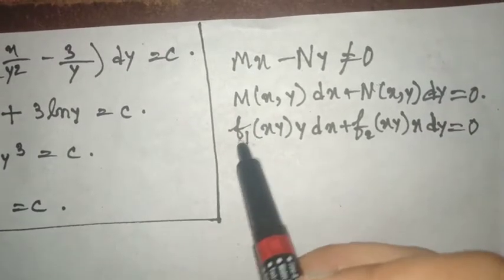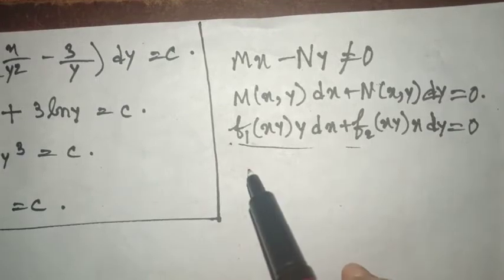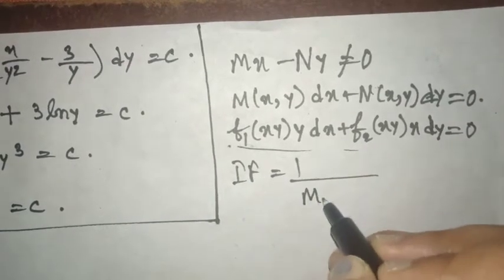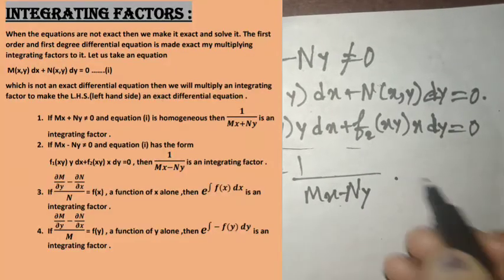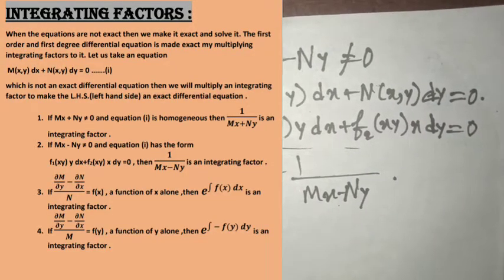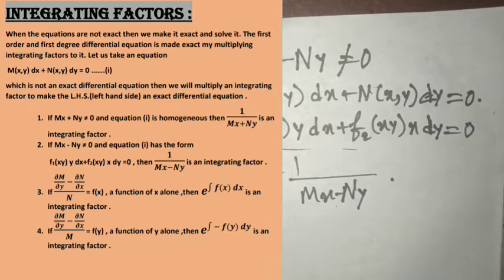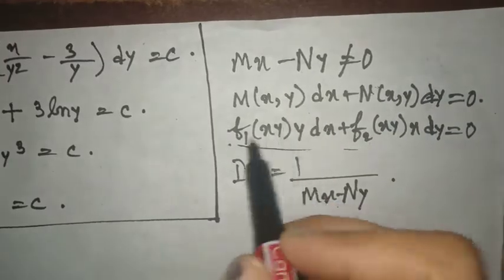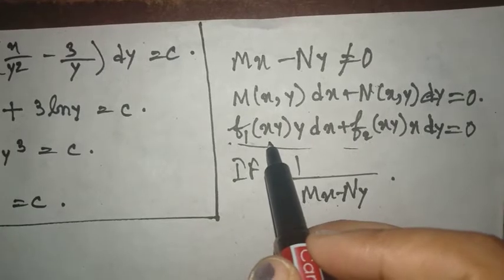If this one is of this form, then the integrating factor will be 1 by (Mx minus Ny). You can see this from the table also, where f(x,y) means it is a function of x and y.